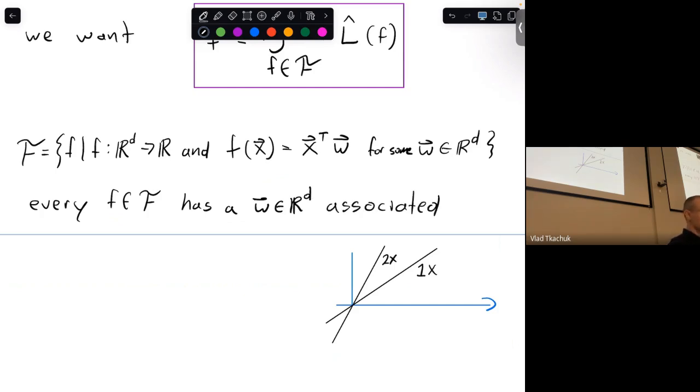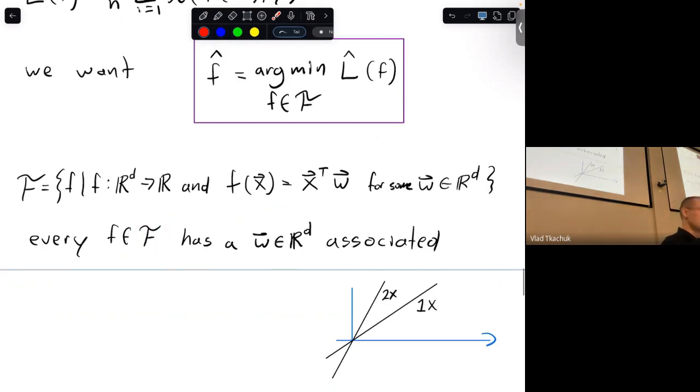I'm not going to write it, but the formal way you say this is, for every f in the function class, there exists a w in R^d that is exactly equal to that function. And for every w in R^d, if you take this dot product with x, you get a function that is in this function class. So there's a one-to-one mapping.